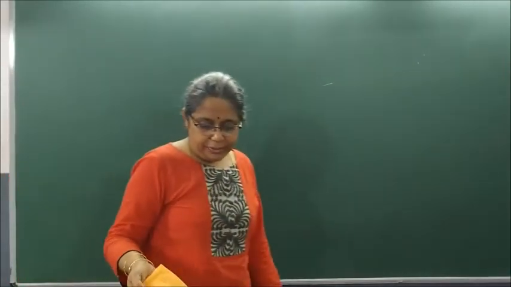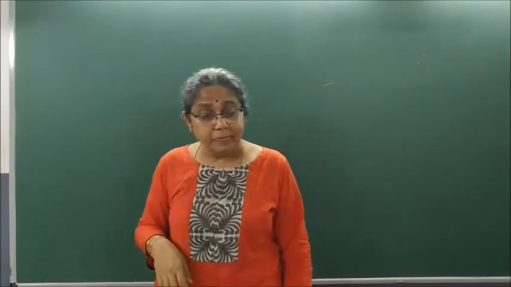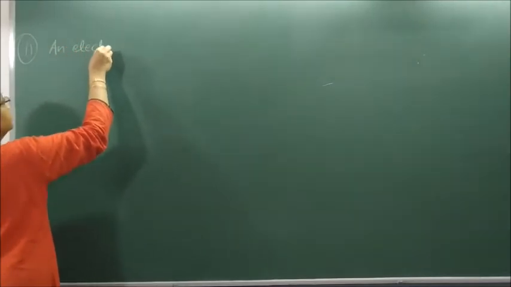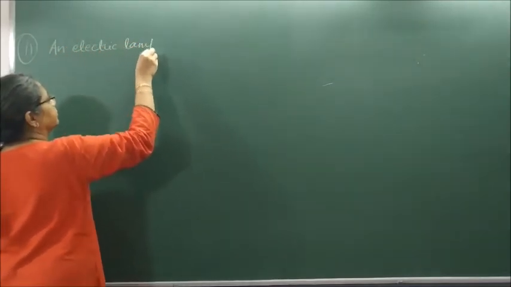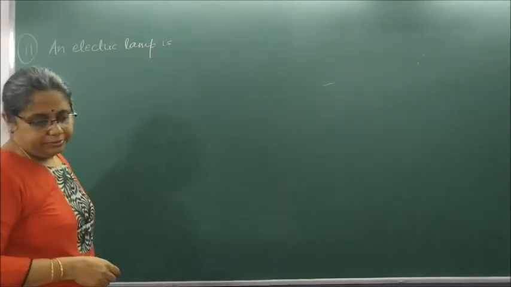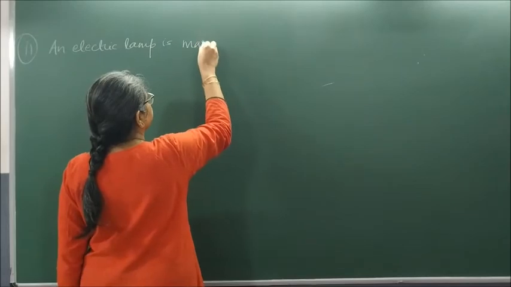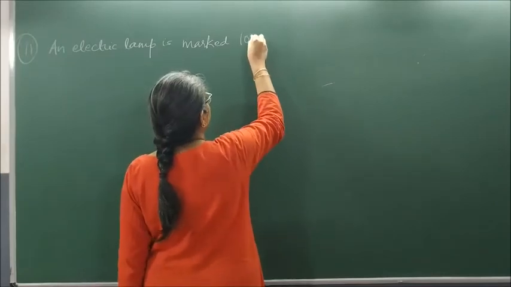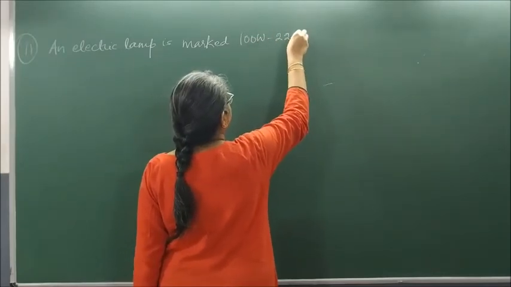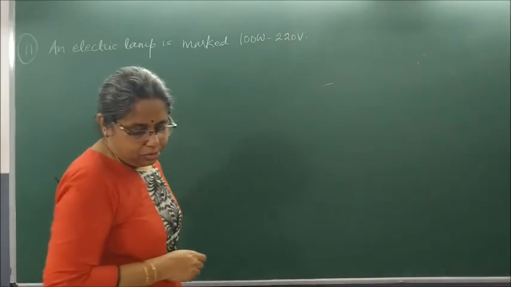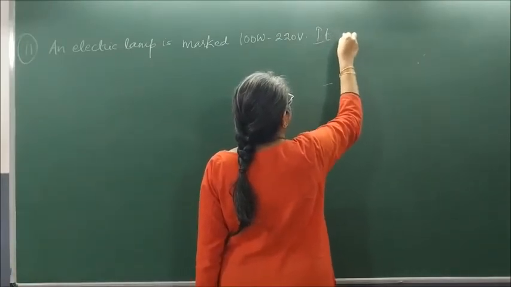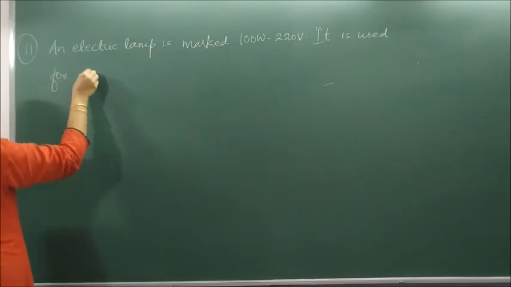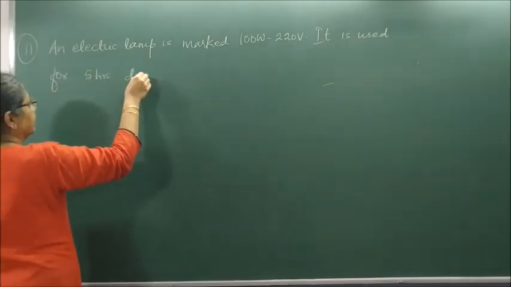Problem number 11. We have an electric lamp which is marked 100 watt, 220 volts. It is used for 5 hours daily.